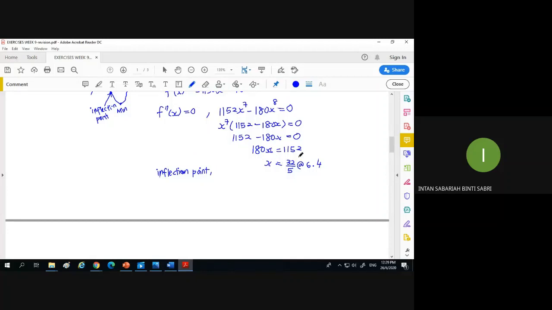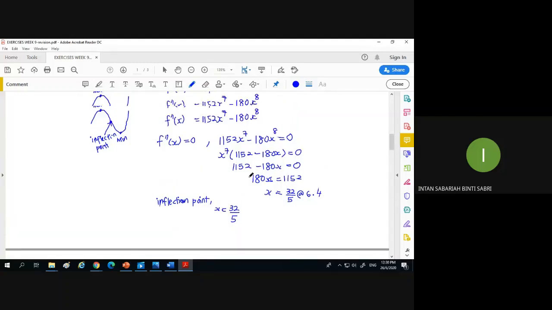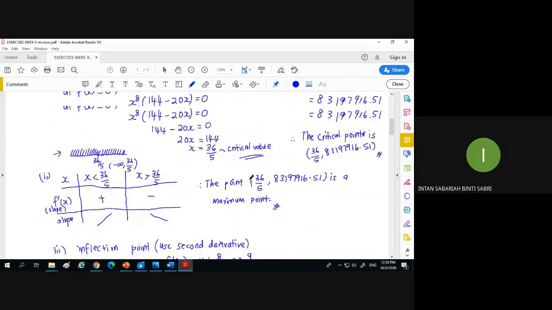Okay, same as the critical point, you just substitute x is equal to 32/5 into the original function.